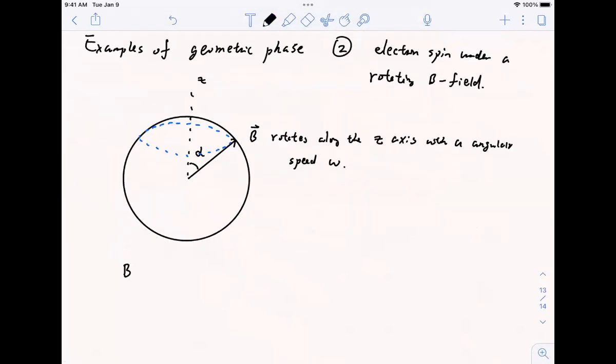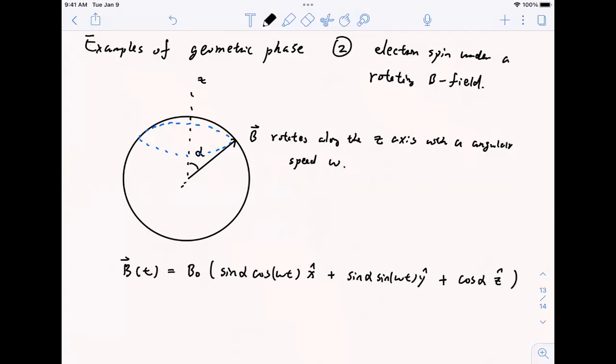This B field, you can write as a function of time: B0 times sine alpha cosine omega t for x, and sine alpha sine omega t for y, and then cosine alpha for z.